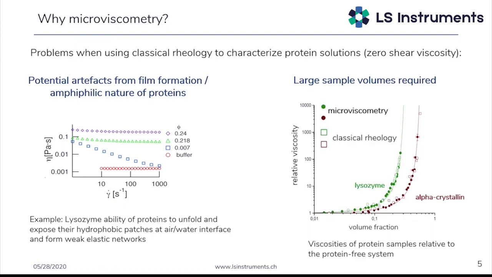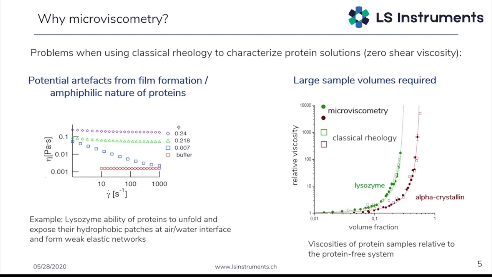Important, of course, is that microviscometry experiments actually provide us with the same information as the classical rheology does. That this is the case, if properly done, you see in this comparison of microrheology and classical rheology experiments from 2 globular proteins, lysozyme and alpha-crystallin. You see both techniques provide essentially the same data.